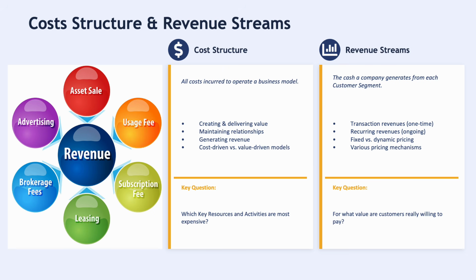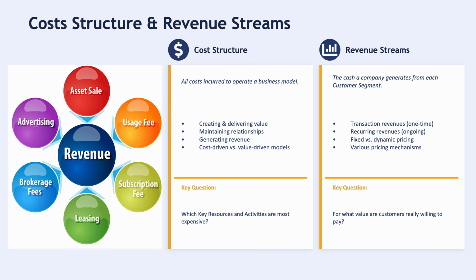Cost structure identifies the major expenses involved in running the business. Understanding costs helps businesses manage profitability more effectively. Not all businesses manage their costs in the same way. Some follow a cost-driven business model, where the primary goal is to keep expenses as low as possible. These businesses focus on efficiency, standardization, and offering basic services at affordable prices.